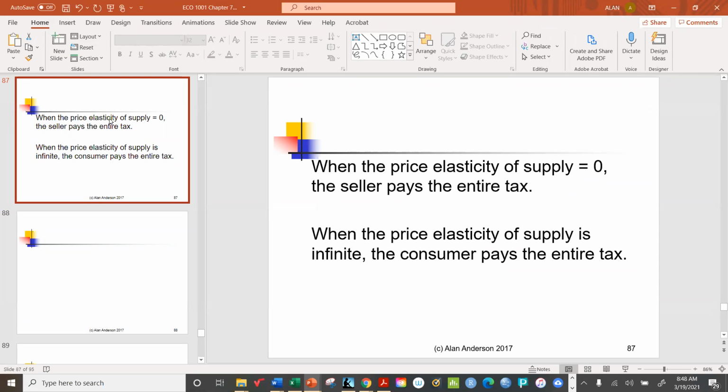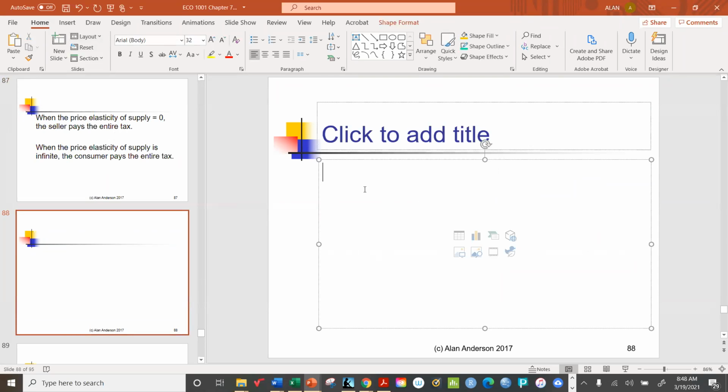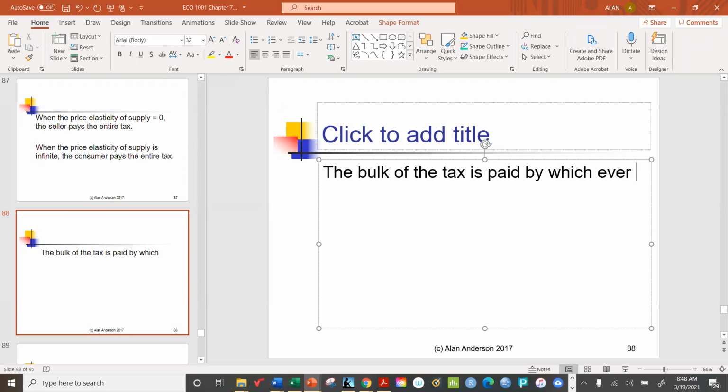We think about it as what is the elasticity of one side versus the other. So when we combine the two, the bulk of the tax is paid by whichever side, I guess we'll call it, has the lower price elasticity.